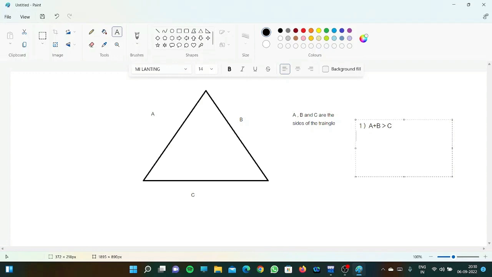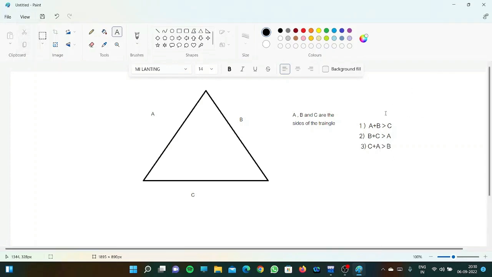The second condition is if sum of side B and side C is greater than A. Third is if sum of side C and side A is greater than B. So these are the 3 conditions.